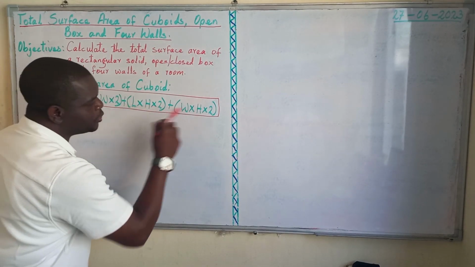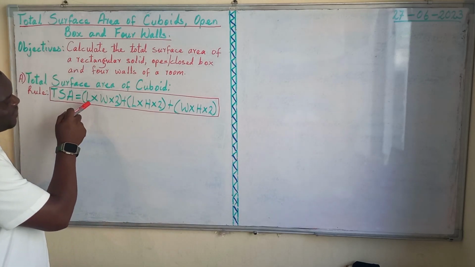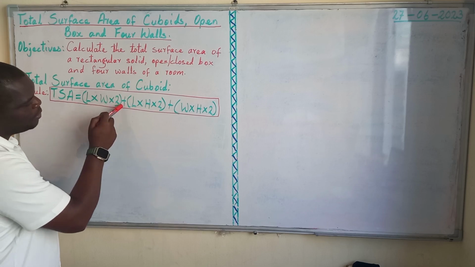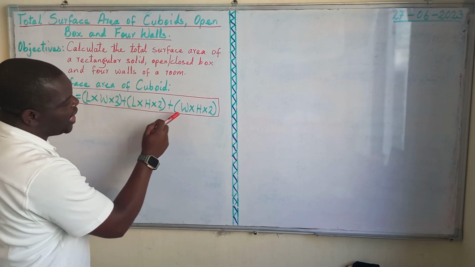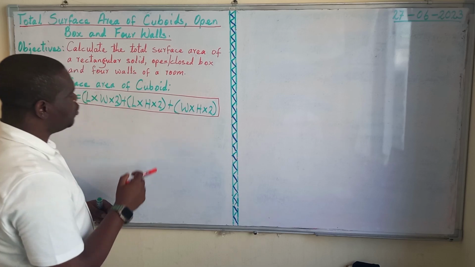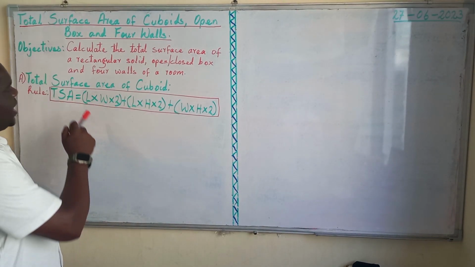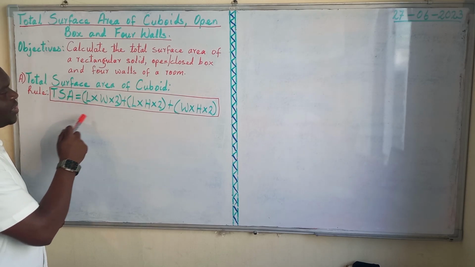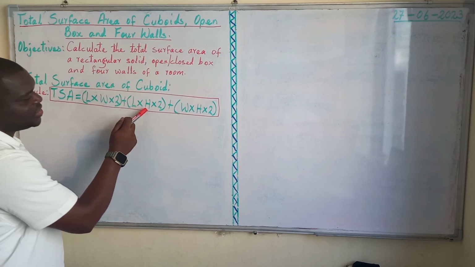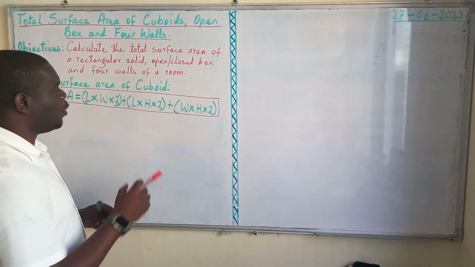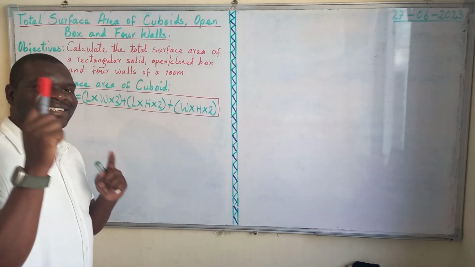If you look at this rule carefully, you will realize that the first one is L times W times 2 plus L times H times 2 and W times H times 2. Why do we put this 2 here? As I earlier explained, L is the length, W is the width, H is the height, and these two simply stand for the two identical sides.